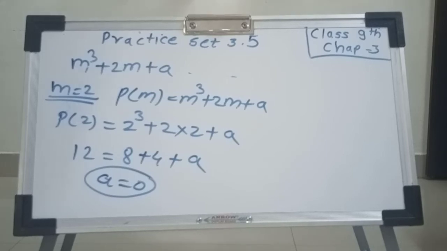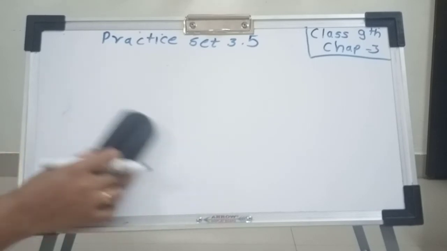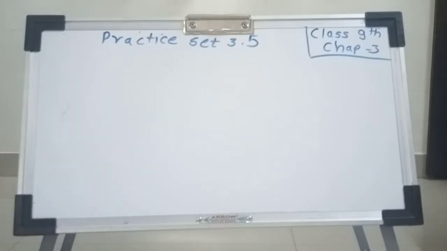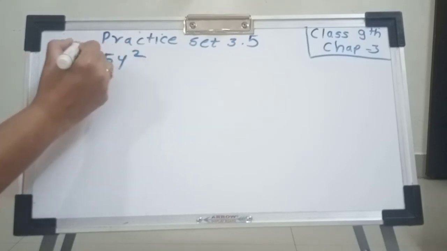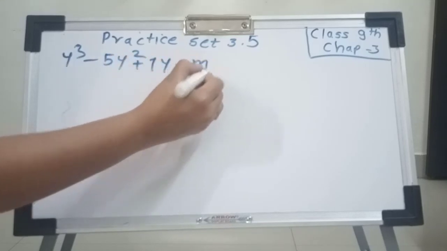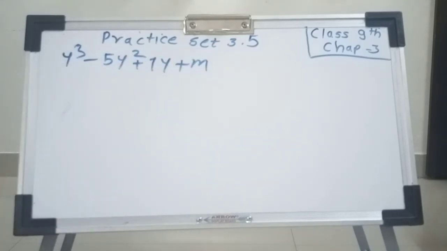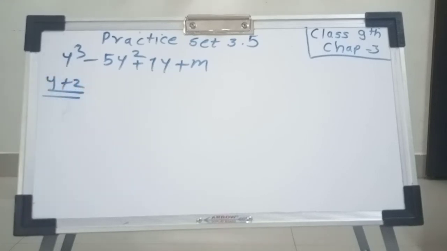Okay. Now we see the next question. If the polynomial y cube minus 5y square plus 7y plus m, this is the given polynomial, is divided by y plus 2, this is a divisor, then the remainder is 50.